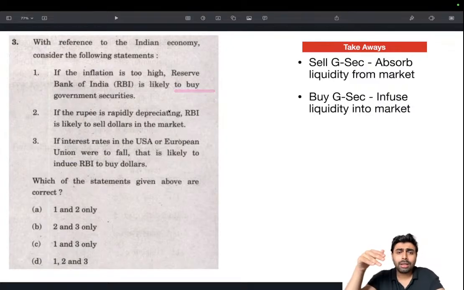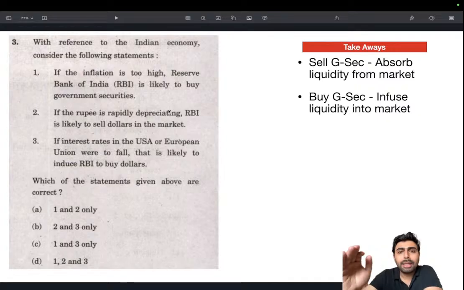If you know what buying securities means: G-secs are government bonds, issued in return for money. The securities have been issued and RBI is selling government securities to the market at a competitive price, meaning a competitive coupon rate, so buyers will be buying the bonds.